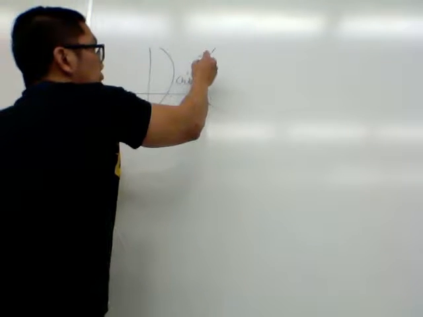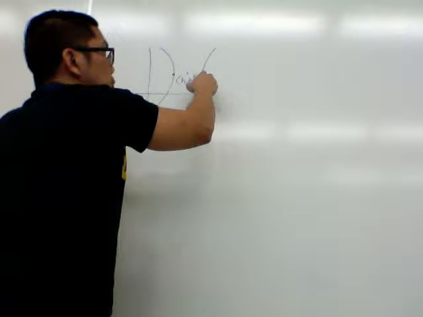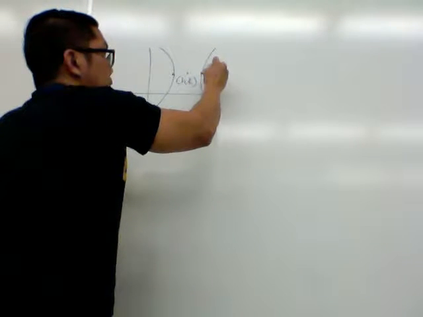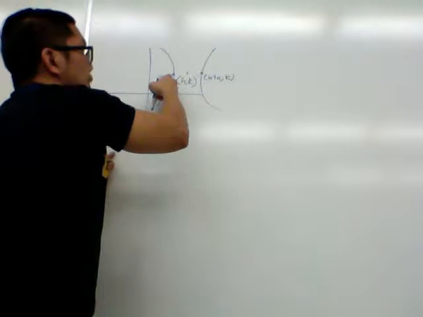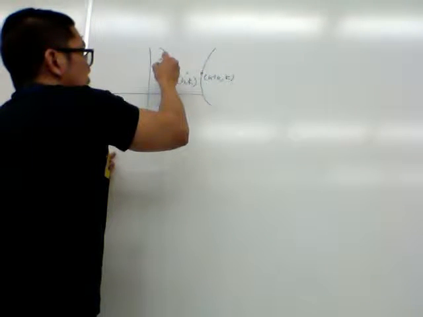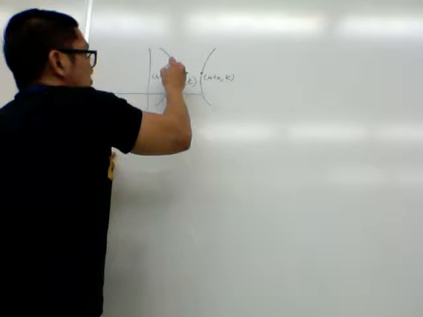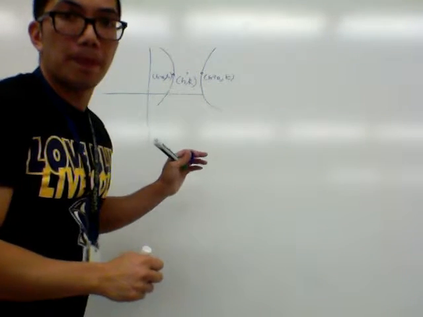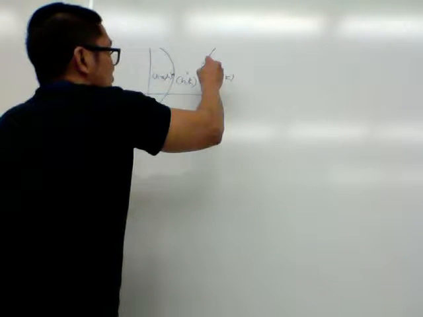My vertices: this one would be at (h plus a, k), and this vertex would be at (h minus a, k).